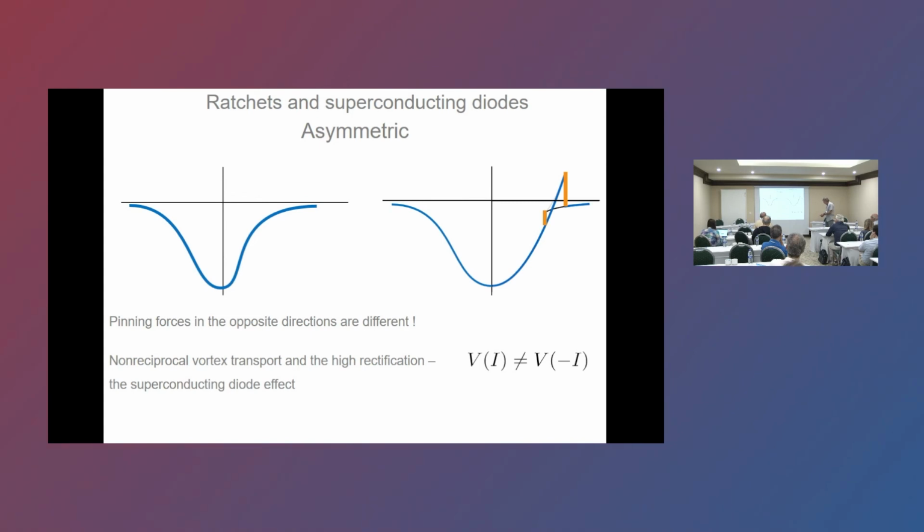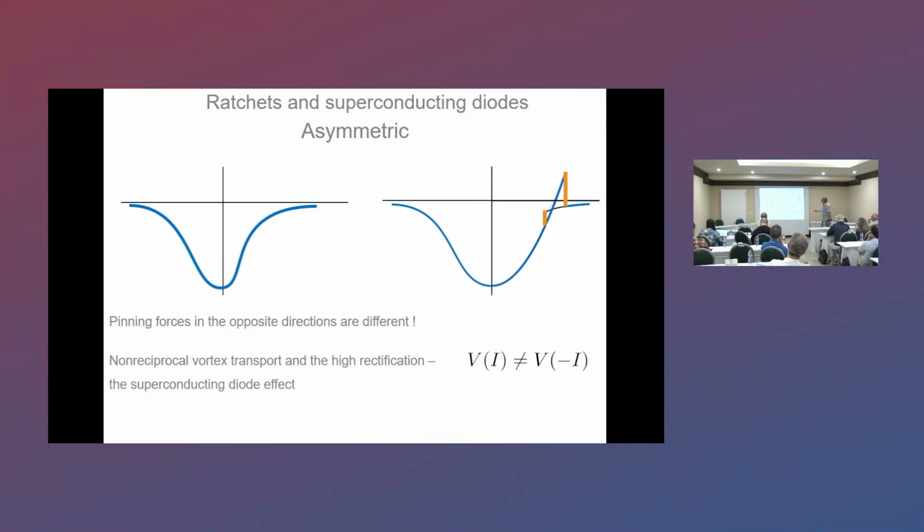So it's like friction: in one direction it slides well, and in the opposite direction it has large friction, which people use for cross-country skiing or other activities. Which means that we have a so-called ratchet. When we switch the direction of the applied current, we get a different voltage, and we may get rectification of the signal, the so-called superconducting diode effect.